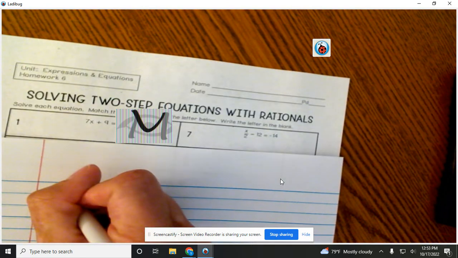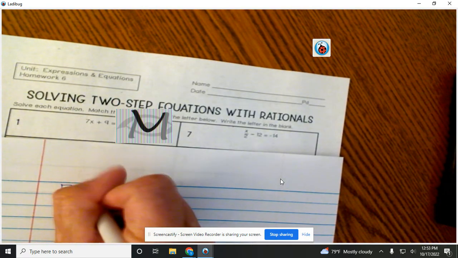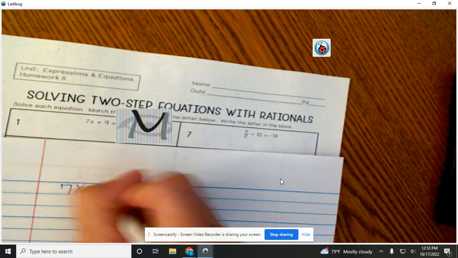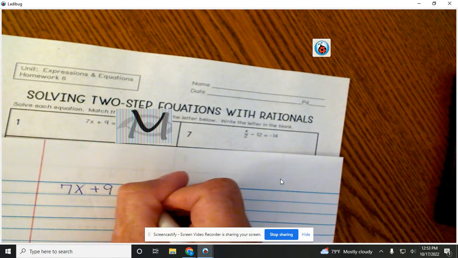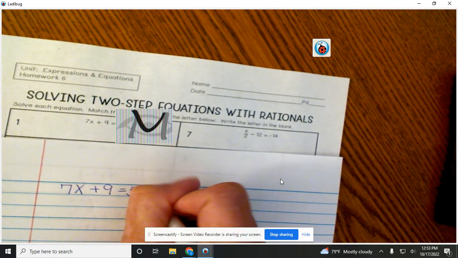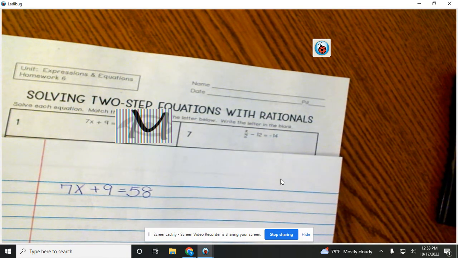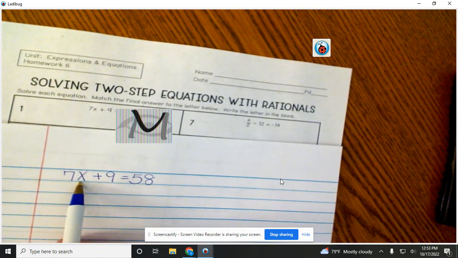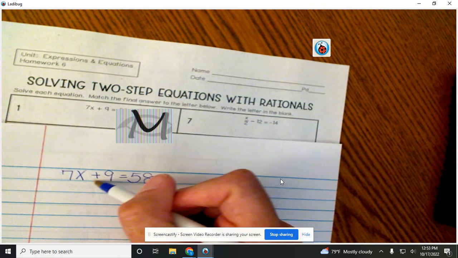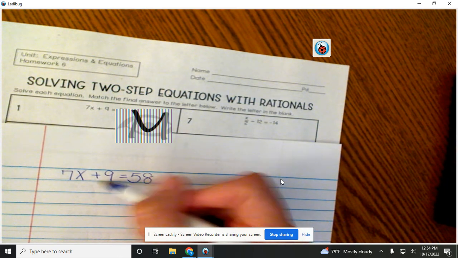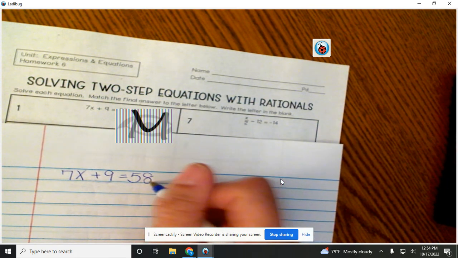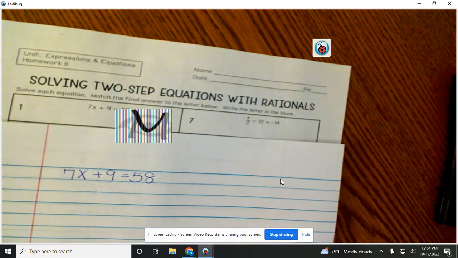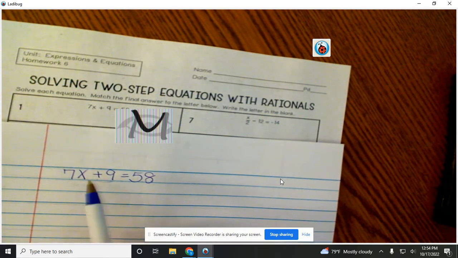So if we were to look at this first one, it's 7x plus 9 equals 58. The first thing that you want to do is get anything that's just a constant, a basic number, over to the other side. If you remember our one-step equations, whatever we do, we do the opposite.